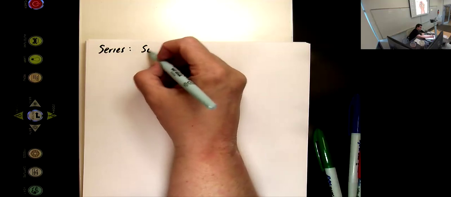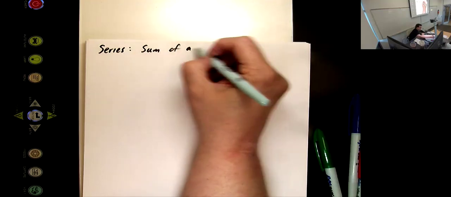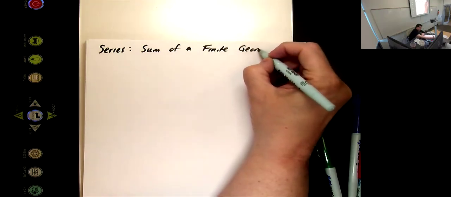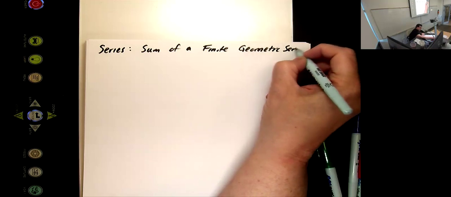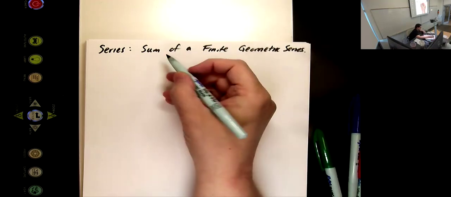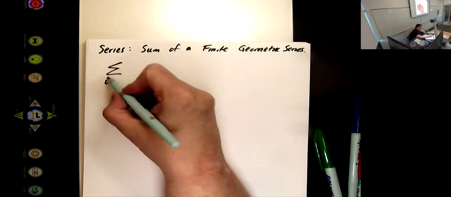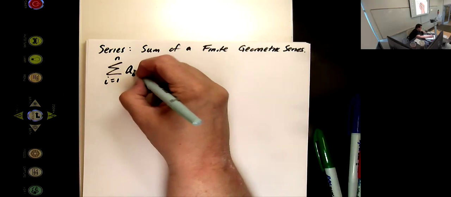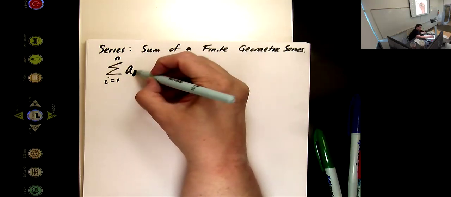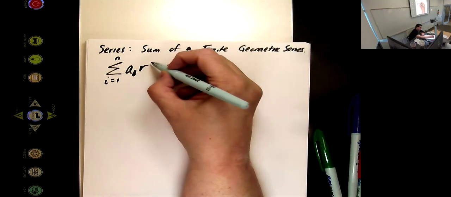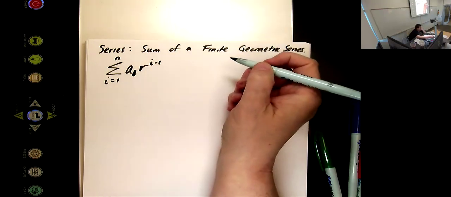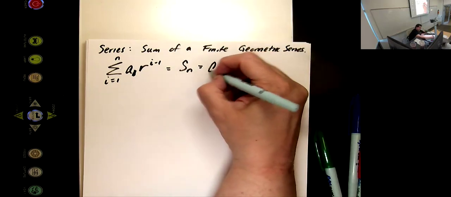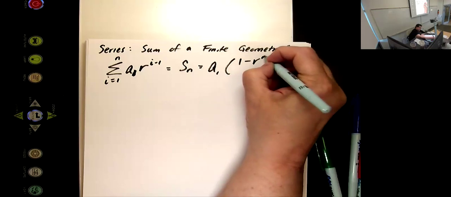So the sum of a finite geometric series, the sum from i equals 1 to n of a sub 1 r to the i minus 1, we say s sub n for it. And it's a sub 1 times 1 minus r to the n over 1 minus r.